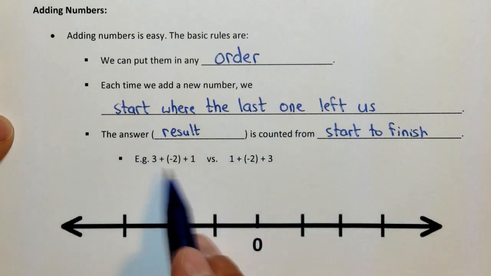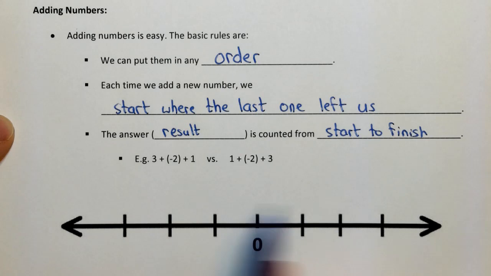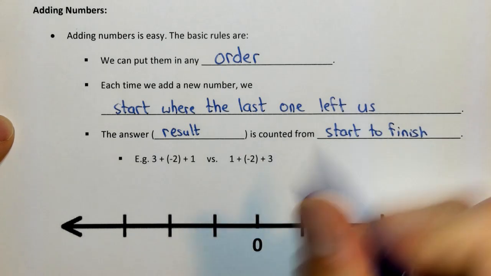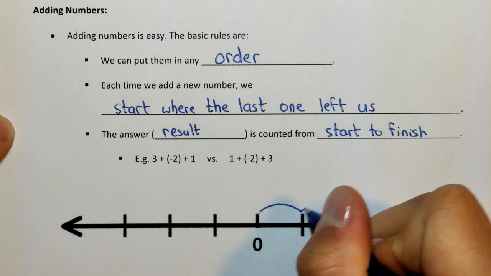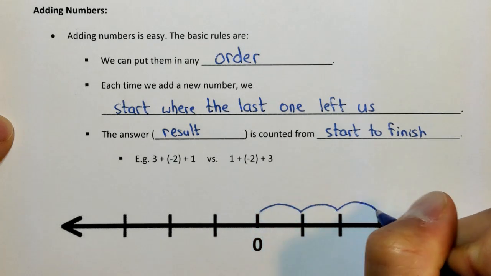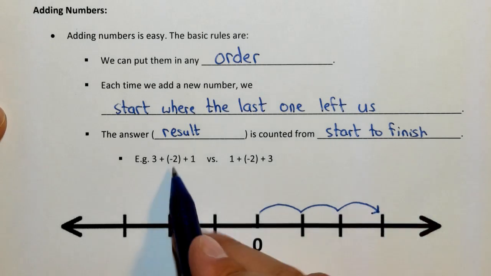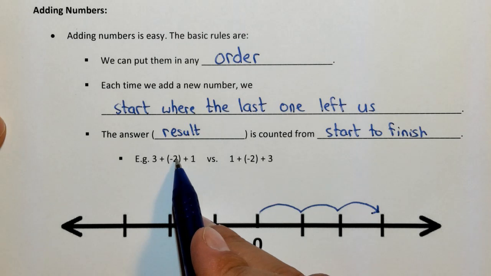Well, first of all, let's do the first number, 3. And let's do this visually by looking at a number line. So the number 3 would be 1, 2, 3, right here. Now I'm going to add another number to that. I'm going to add the number -2.